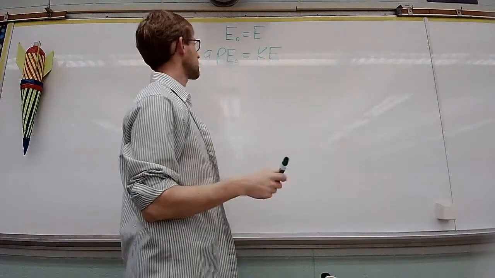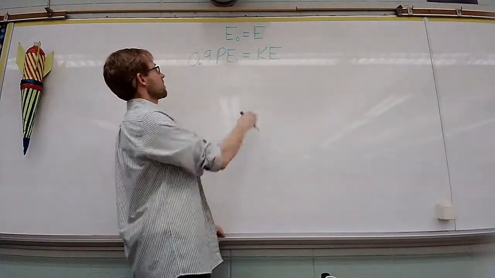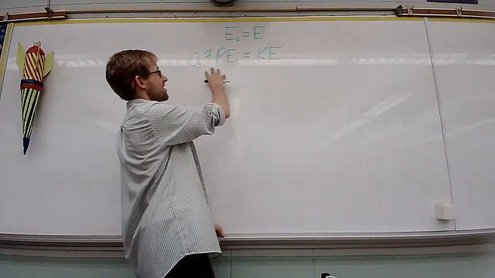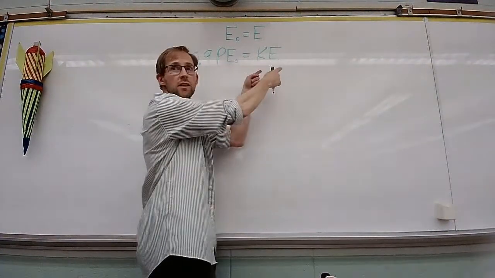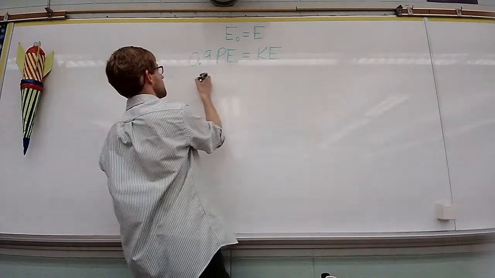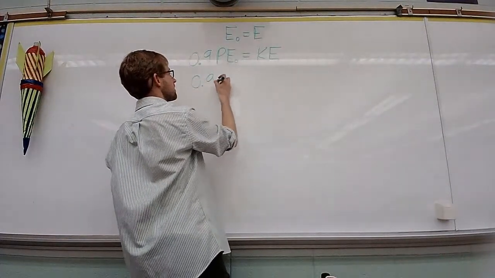Yeah, you could do that too. Because this would mean that now you've got 90% of your original energy that's going to transfer into the kinetic. So the equation would just go like this.